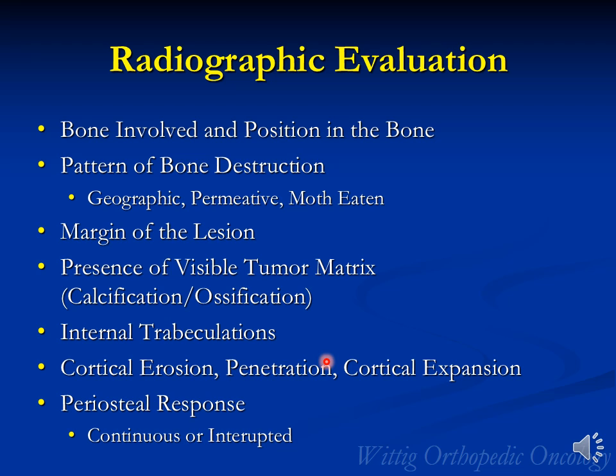Is there cortical erosion, penetration, or cortical expansion? Is there extension into the soft tissue? And if so, is that soft tissue component surrounded by an eggshell rim of calcification? And is there a periosteal response, and is it continuous or interrupted?